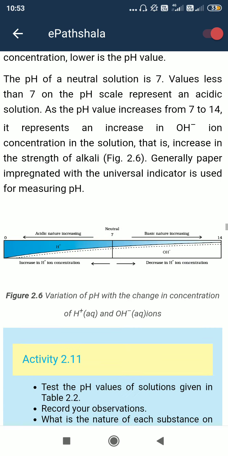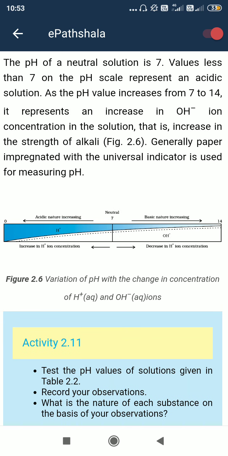So pH ranges from 0 to 14, and 7 is the pH of a neutral compound, meaning not acid, not base. If pH is less than 7, it is called acid, and if pH is more than 7, it is a base.